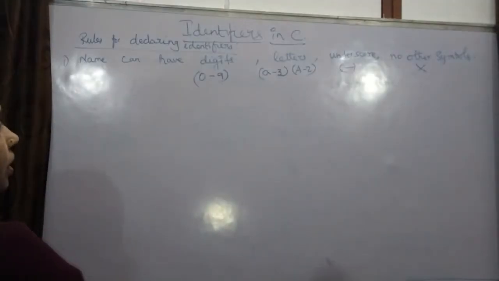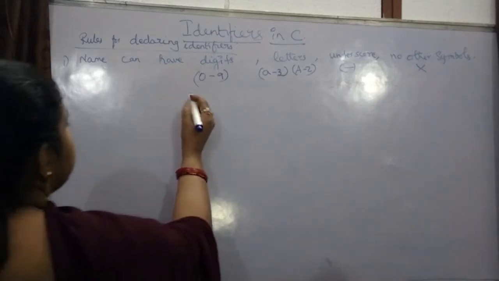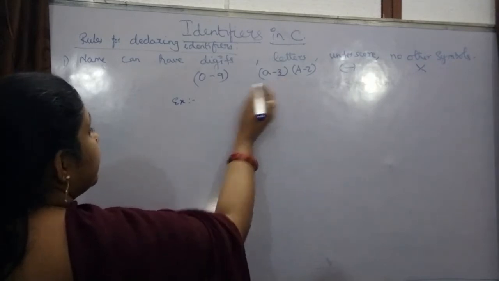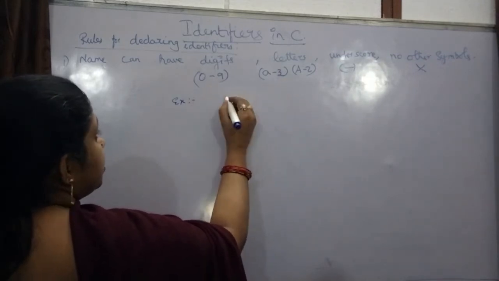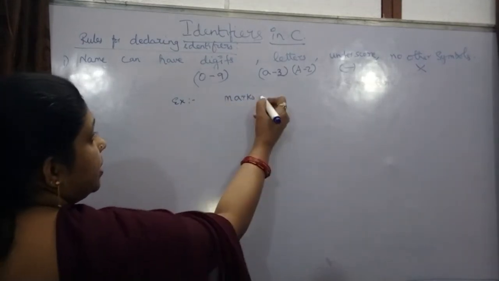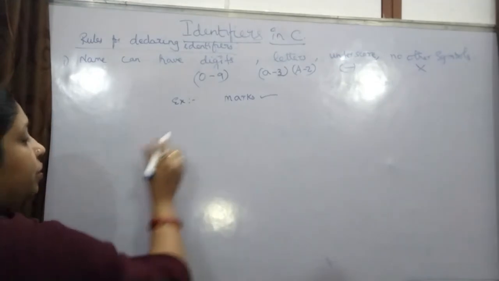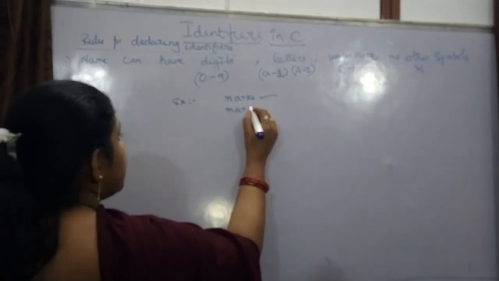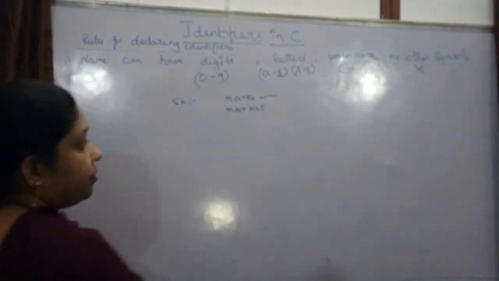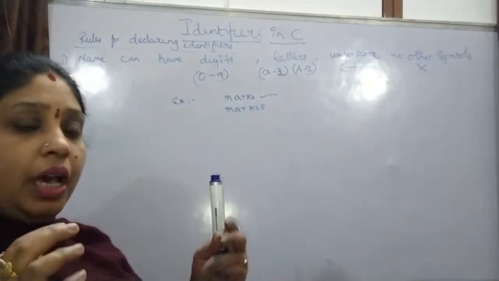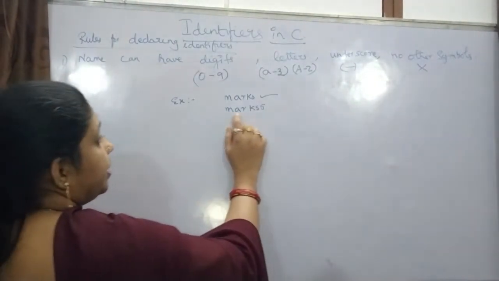In these identifiers, for example, you can write like this: marks. This is the identifier. Or you can write marks5. You have to use the digit after writing letters.